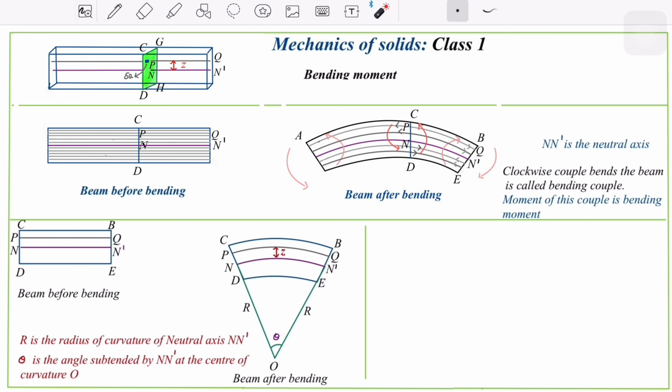For that purpose, let us consider the portion CBED again, and on the left side I have drawn the two-dimensional representation of the beam before bending. Now consider a filament PQ which is at a distance Z above the neutral surface N dash. This is the case when the beam is before bending.